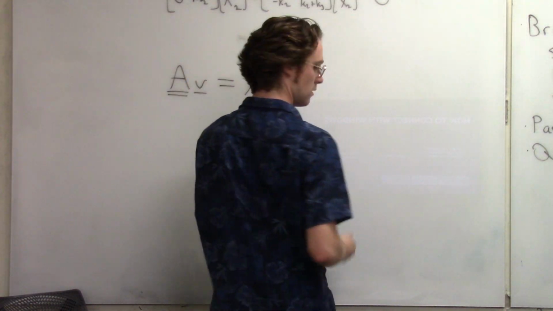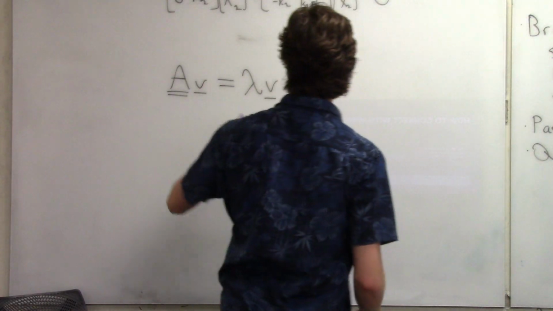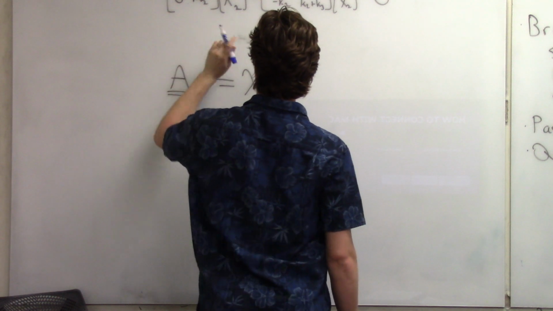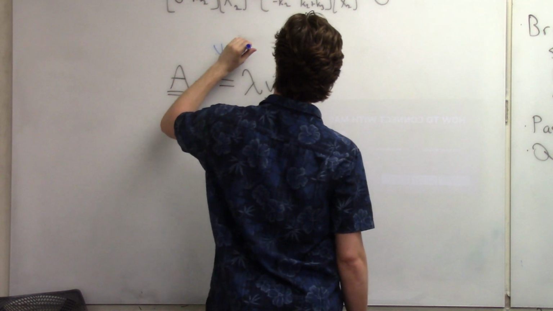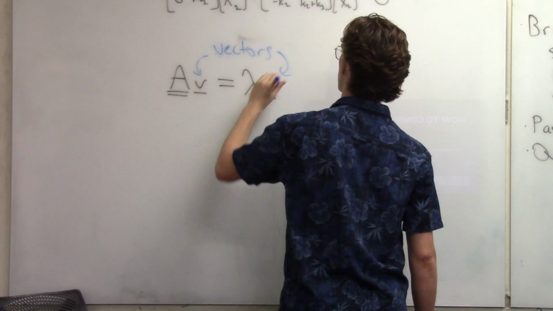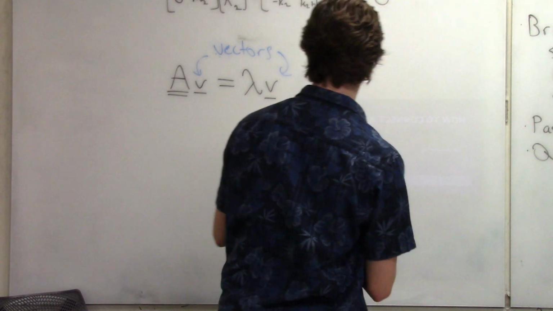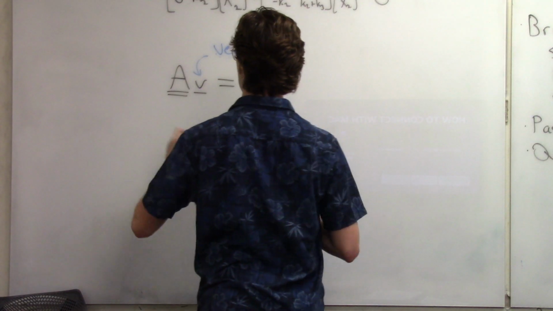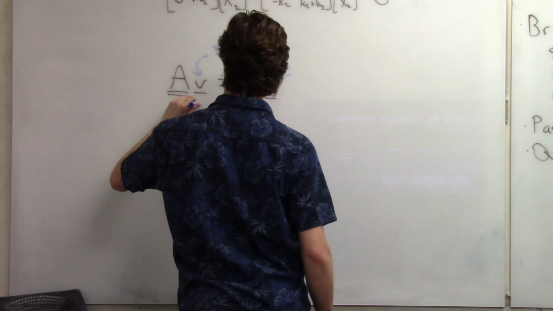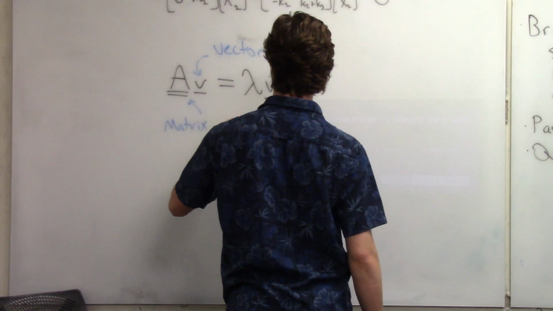So I'm going to write vectors, and then this is going to be a matrix, and then this is going to be our eigenvalue.